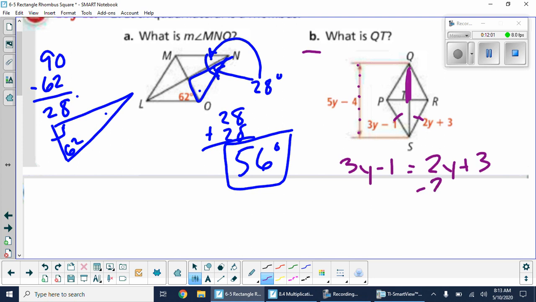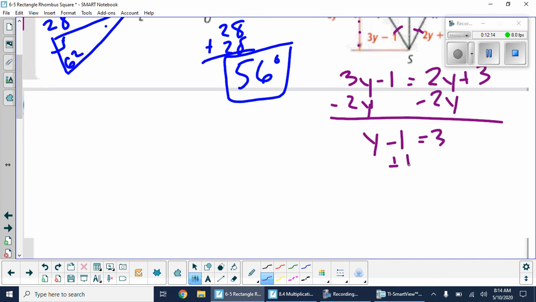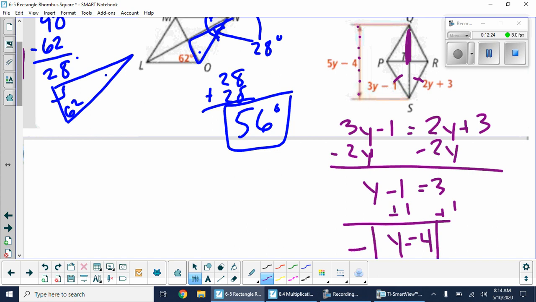Subtract 2y from both sides. That leaves us with 1y minus 1 equals 3. Add the 1 to both sides. We end up with y equals 4. Now, that's not our answer. But we need to take this and plug it back in.